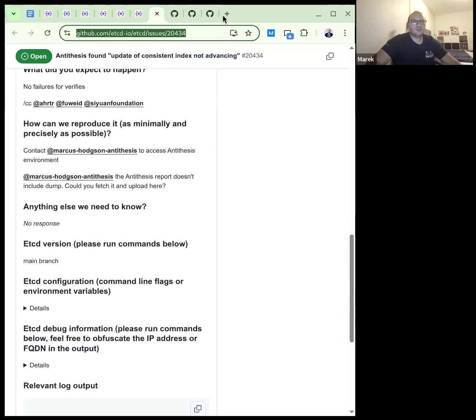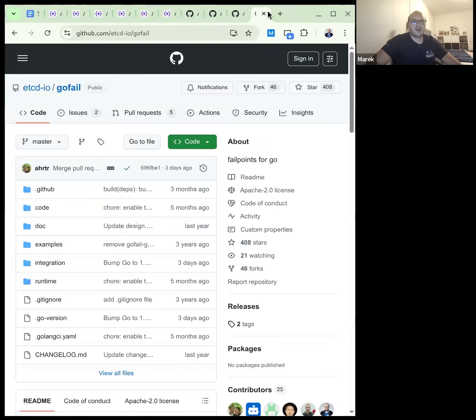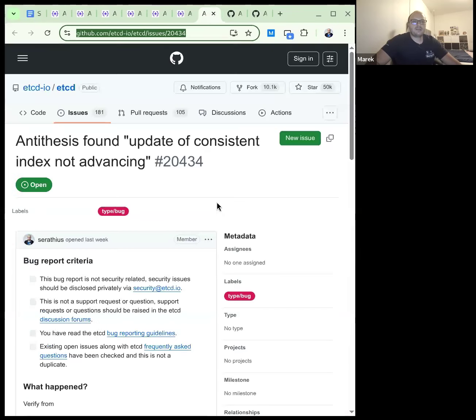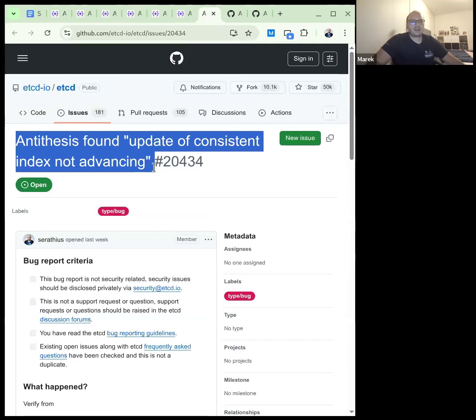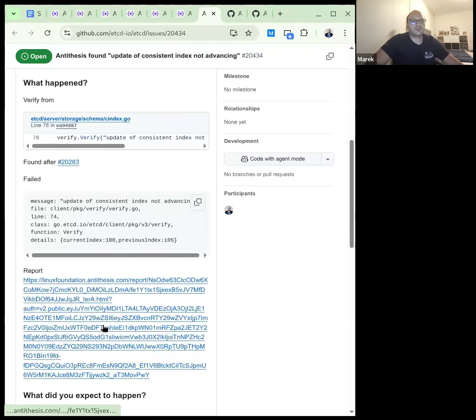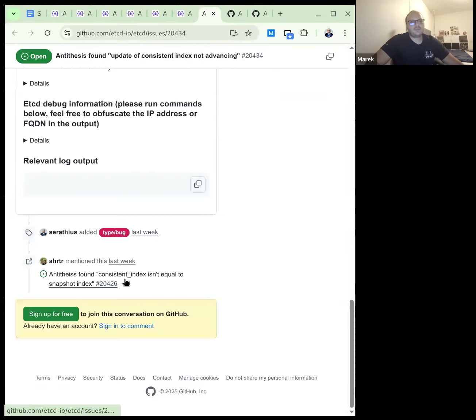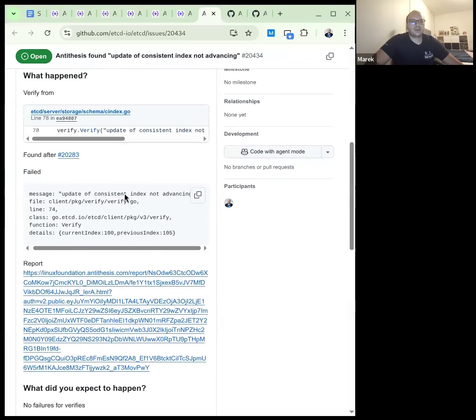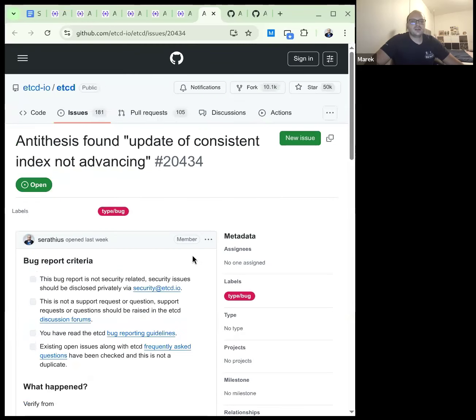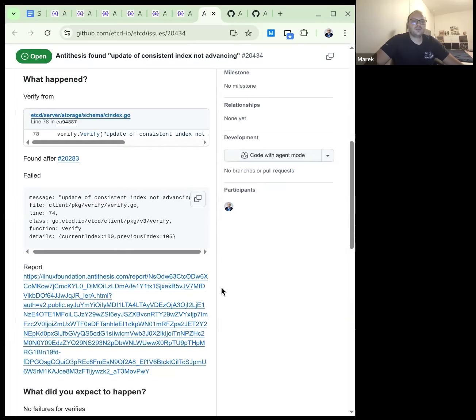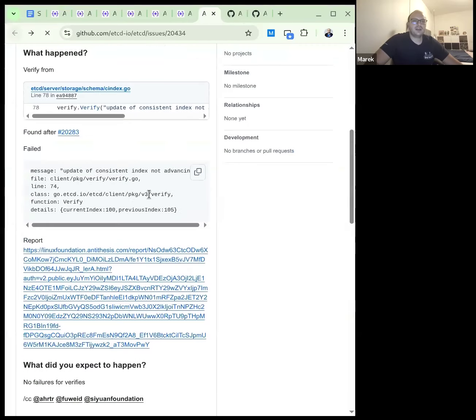So let me go to them. Basically, we have one bug, based on a link to a report, that shows that verification of index advancing has failed. I could add more reports to have more context and different approaches, but I don't think it's needed, since it's usually used in robustness. With determinism, we should be able to reproduce it when we get the access.